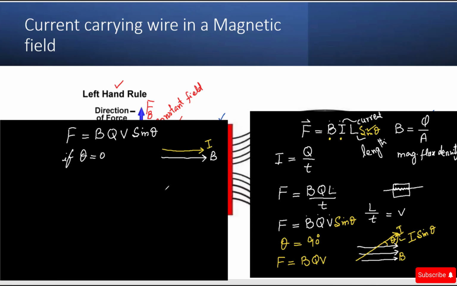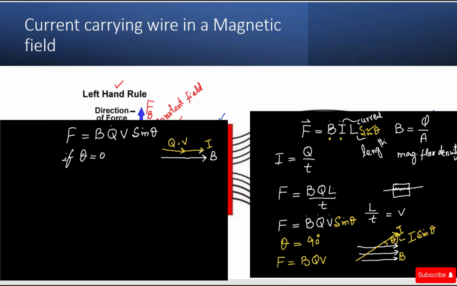In other words, if we have a charged particle Q moving parallel to the magnetic field, then the magnetic field cannot apply any force on such a charged particle.